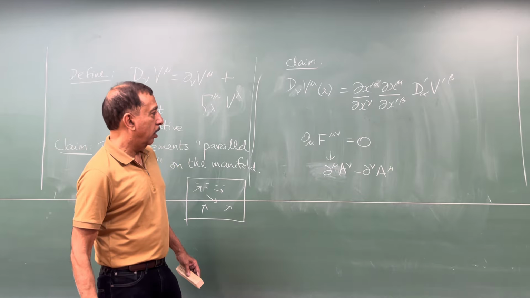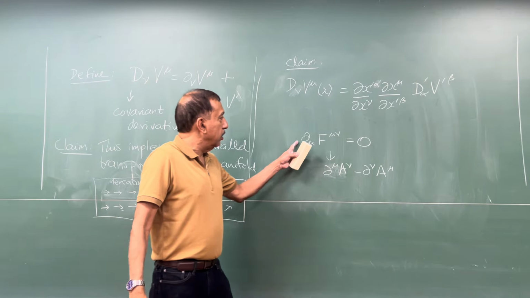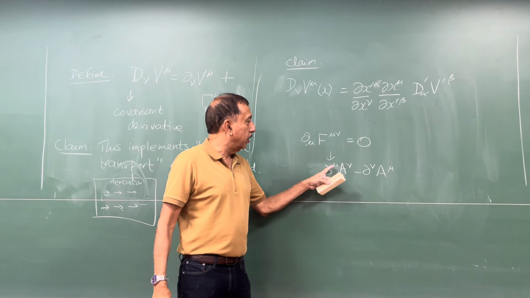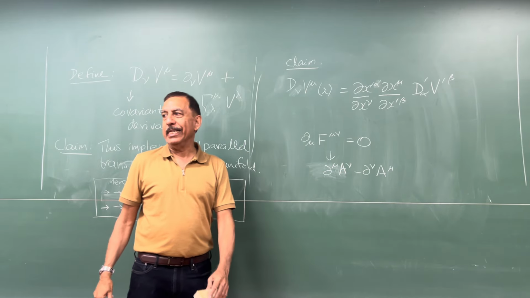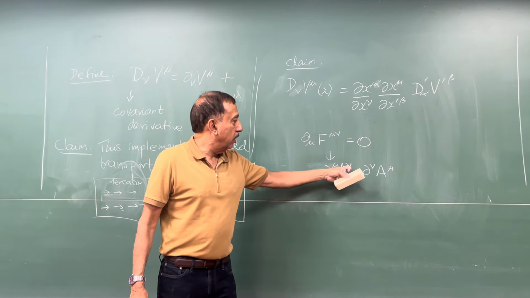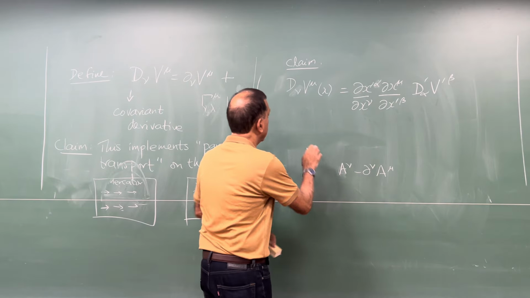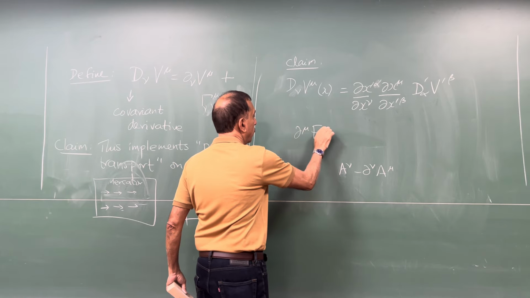Well, all we have to do to make it general relativistic is to replace all of these with these. Now we haven't yet decided how D acts, so maybe this is not the best way. I think better is to write it like this.